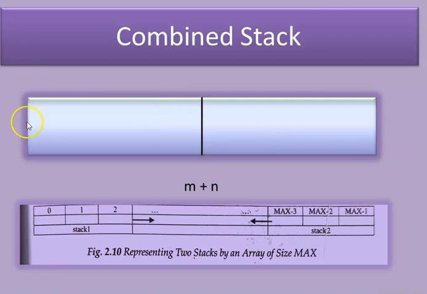So when there are 11 elements, we can say that this stack is overflowing. When we try to push in one element either in A or in B, there is no space left in the combined single array. So the stack is in an overflow condition.